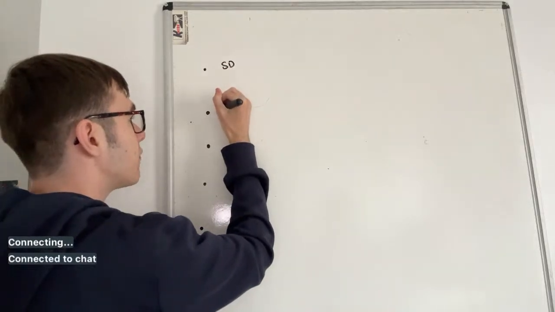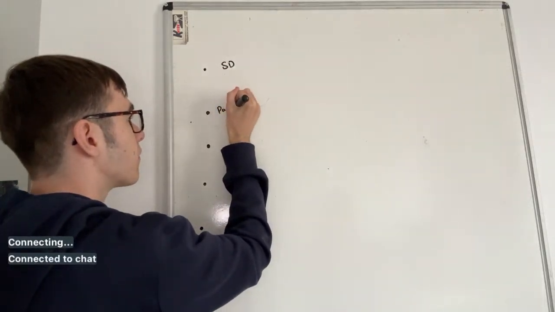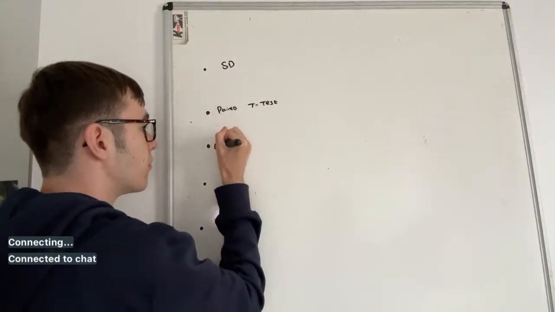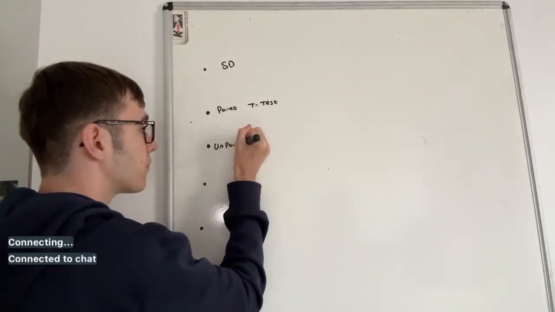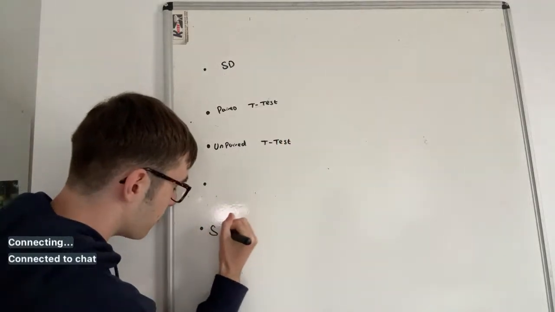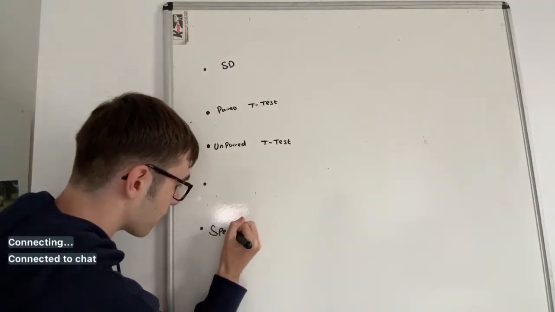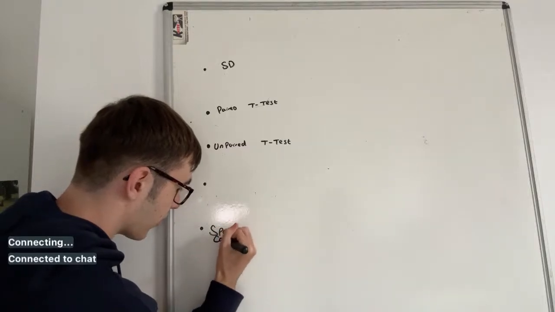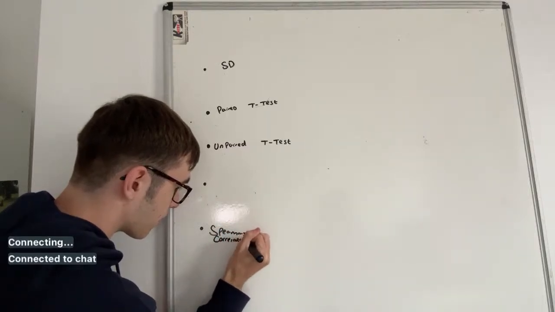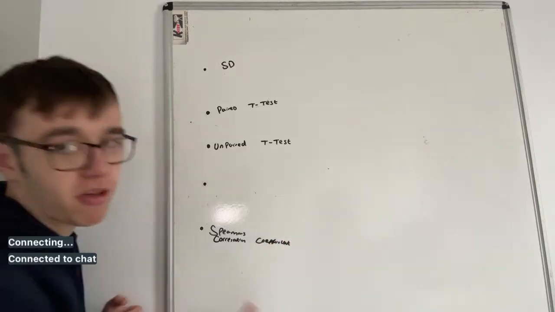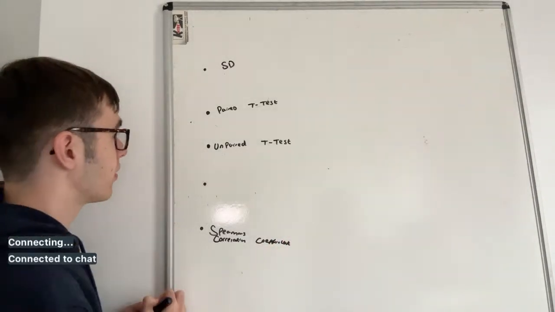But we have the paired t-test, the unpaired t-test, Spearman's rank, or I guess it's Spearman's correlation coefficient. Sure, you can get away with saying Spearman's rank though, I don't know.